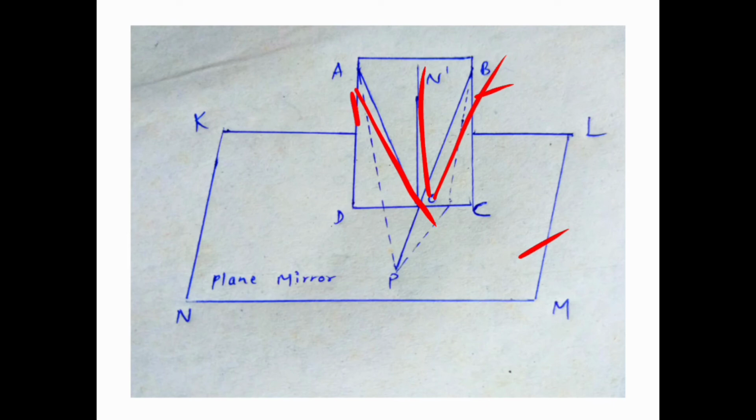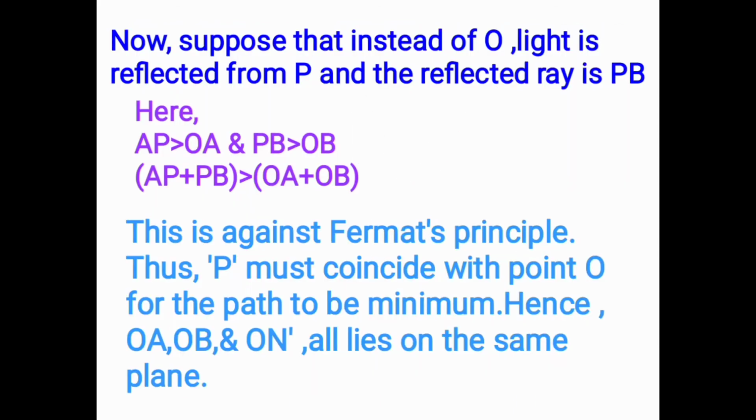Then AP plus PB will be greater than OA plus OB. But this is against Fermat's principle, because for the path to be minimum, point P must coincide with point O. Hence OA, OB and ON all lie in the same plane.